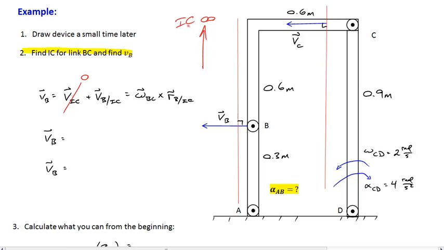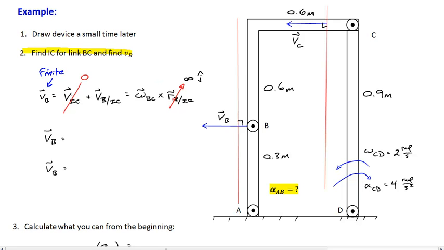What we know is that the instantaneous center is an infinite distance away from point B, so the position of B relative to the IC is approaching infinity. And the velocity of B, of course, isn't infinite, it's some finite number.